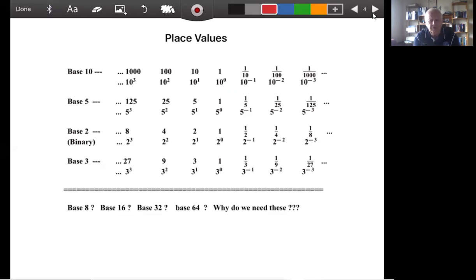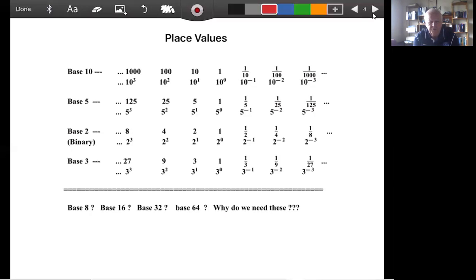No matter which base you choose, I chose base 5 next, it's exactly the same thing as base 10, except you have the ones place and the fives place and the 25s place and the 125s place, and so on in that direction, likewise going the opposite direction in fractions or decimals.